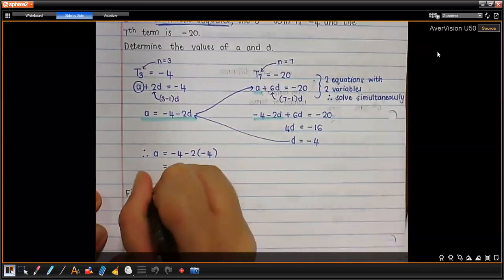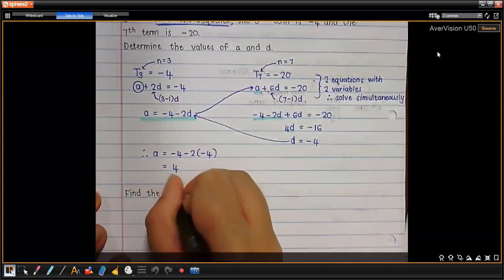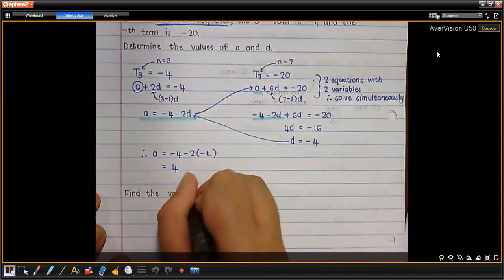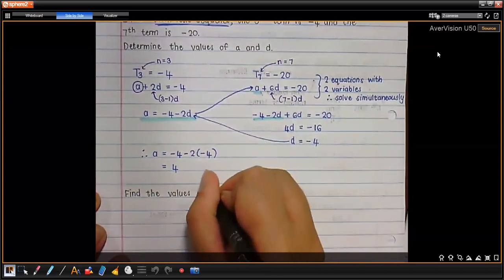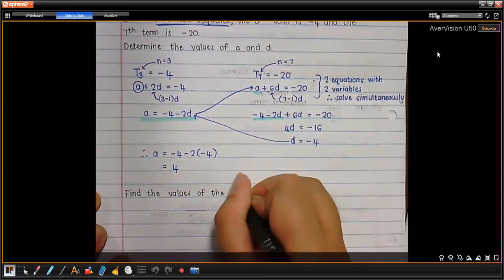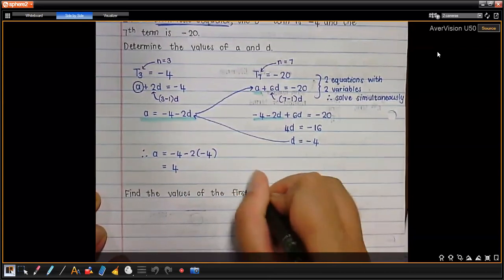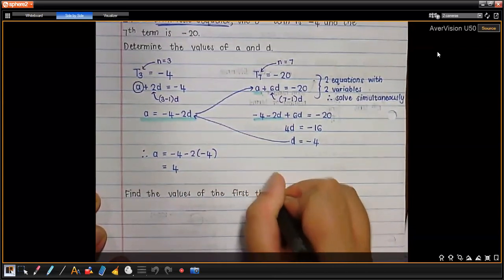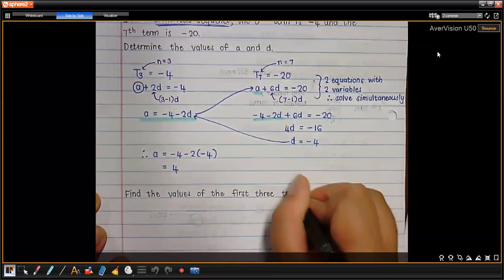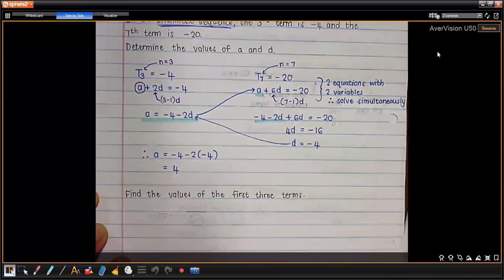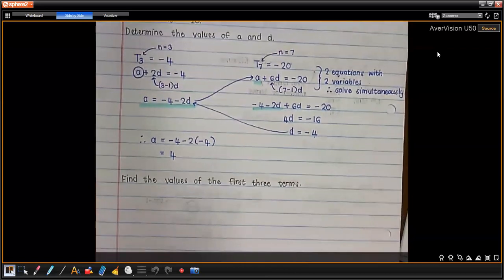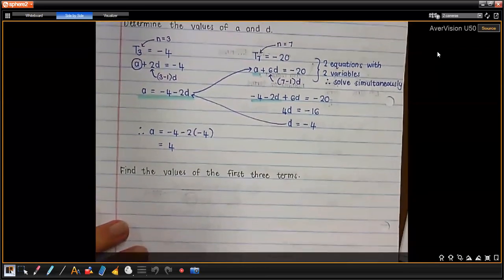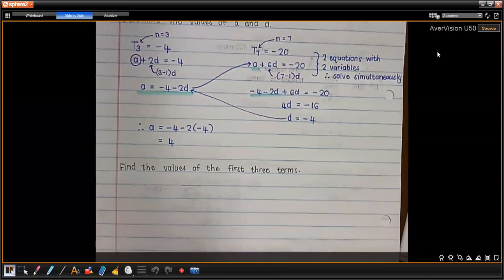Find the values of the first 3 terms, or however many, they can ask you for any number of terms. You remember that term 1 is A, right? So our A value, which is 4, is term 1.